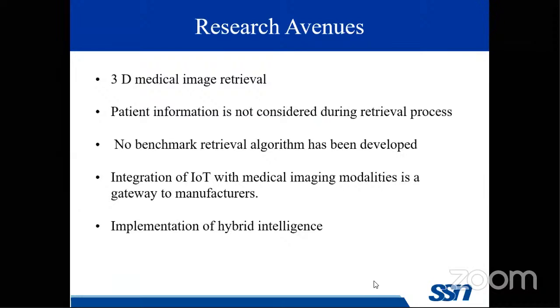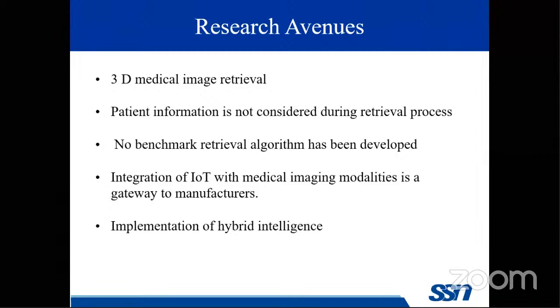So we still have a few more research avenues in the image retrieval system. The first one is that the images we considered for image retrieval are all 2D images, but you all know nowadays 3D medical images play a major role in diagnosis. So we are also proposing a 3D medical image retrieval system.